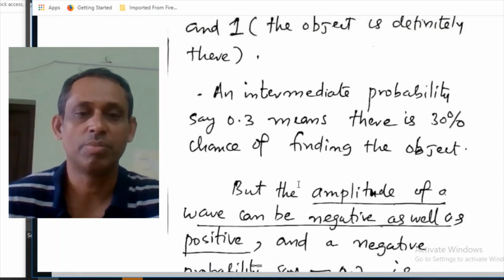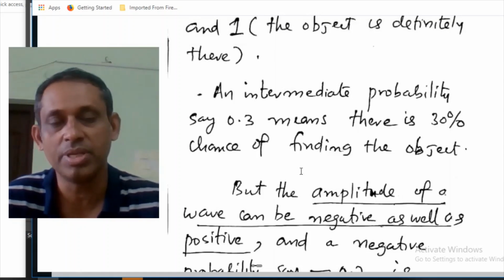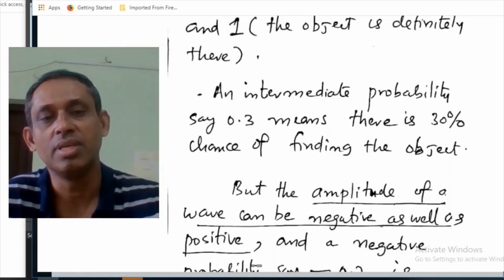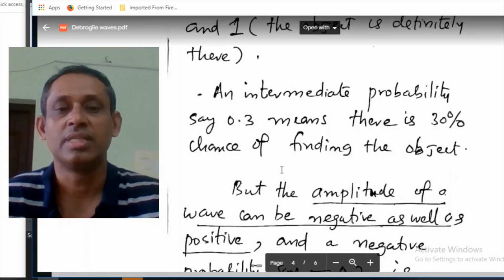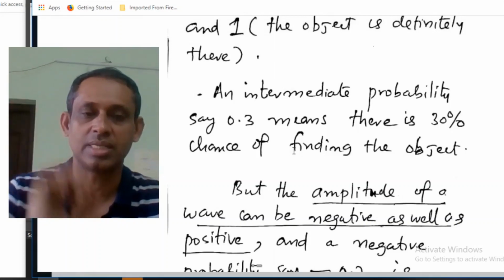An intermediate probability, say 0.3, means there is a 30% chance of finding the object at that point, at that time.